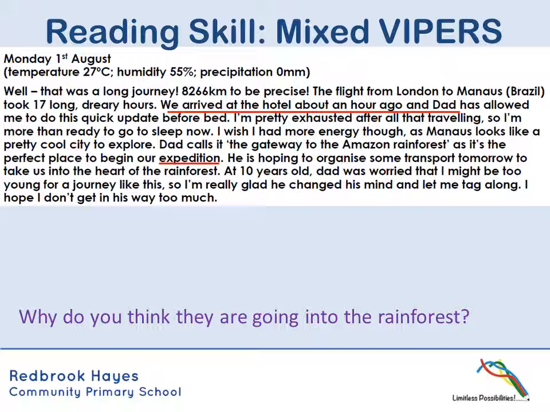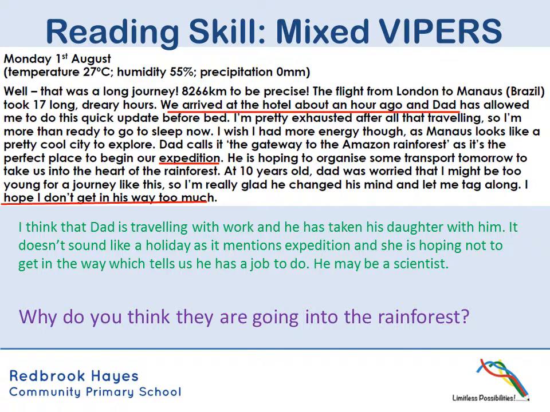It says the word expedition, which again implies it's not a holiday, and the diarist is saying that she, or he, doesn't want to get in the way too much. So from that we might be able to decide that it might be that Dad's travelling to work, and he's taking his daughter with him.